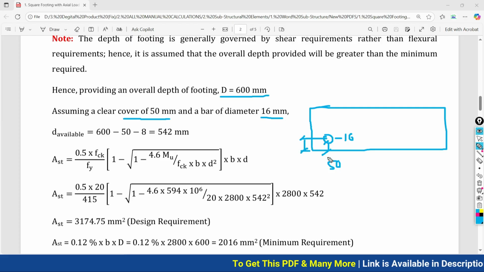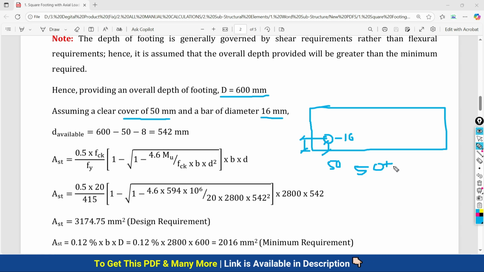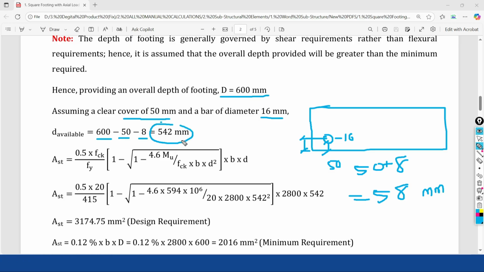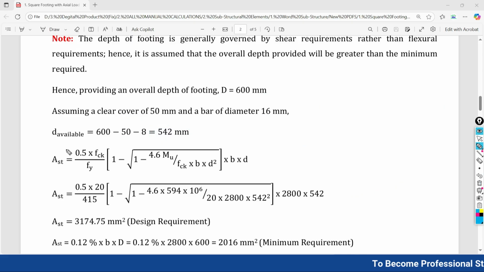So how much is it going to be? 50 plus half of the bar diameter, that is 8, so it becomes 58 mm. So total depth minus clear cover minus half of the bar diameter, we get the effective depth available as 542 mm. It is the final effective depth.